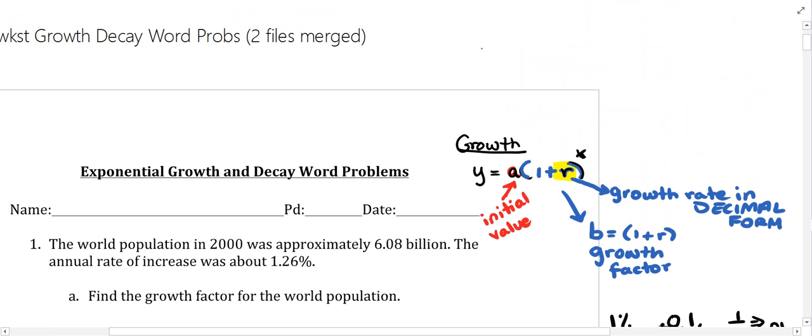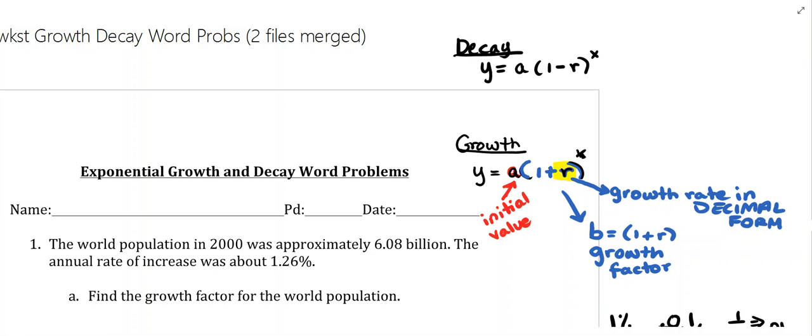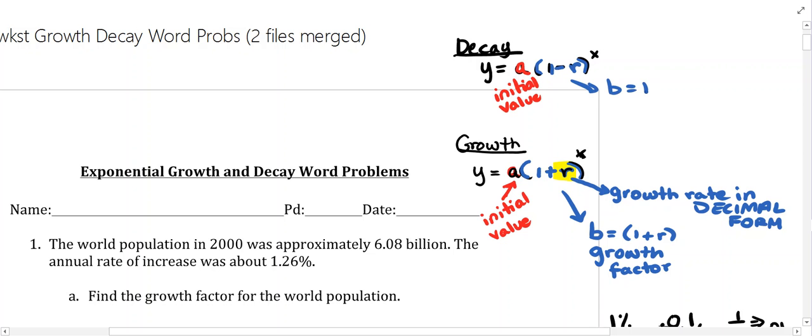And if we have decay, then the equation is going to look like this. y equals a(1 minus r) raised to the x. And same thing, a is going to be our initial value. 1 minus r, it's still b, but this time we call it the decay factor.